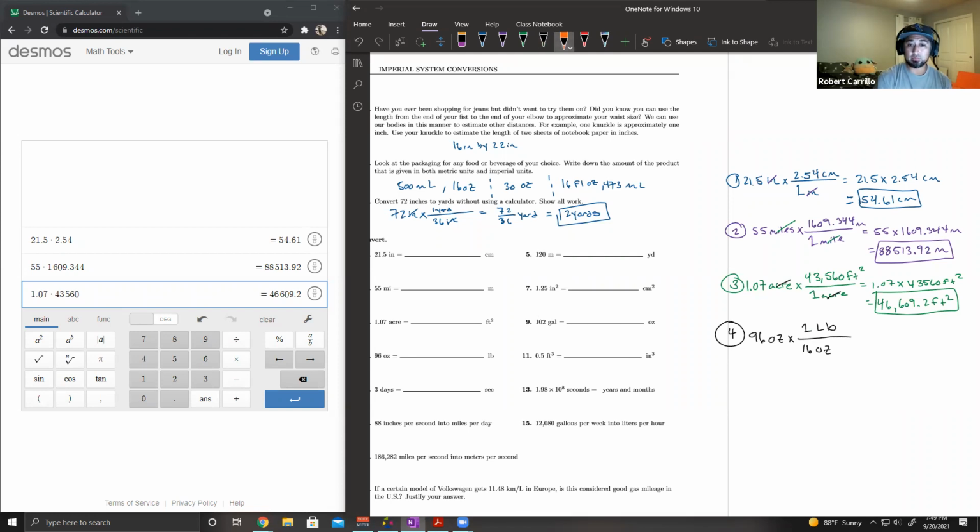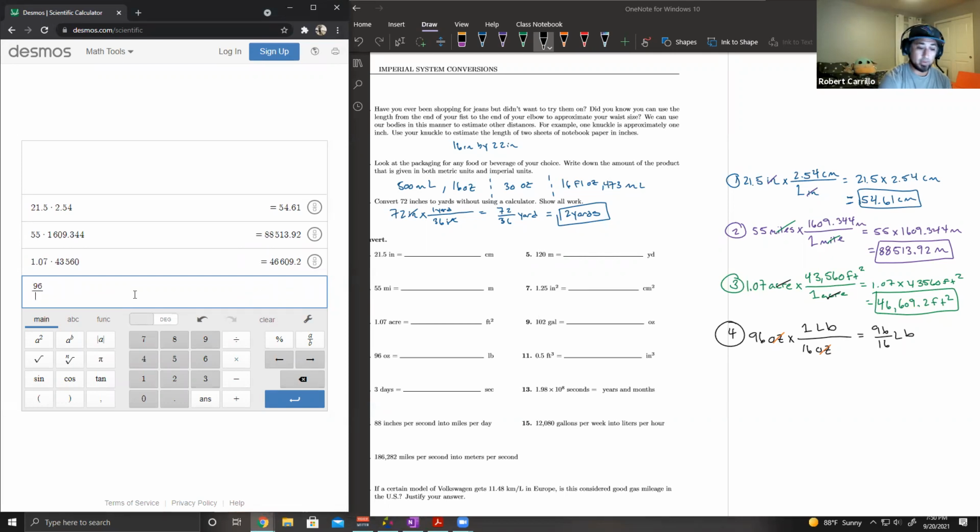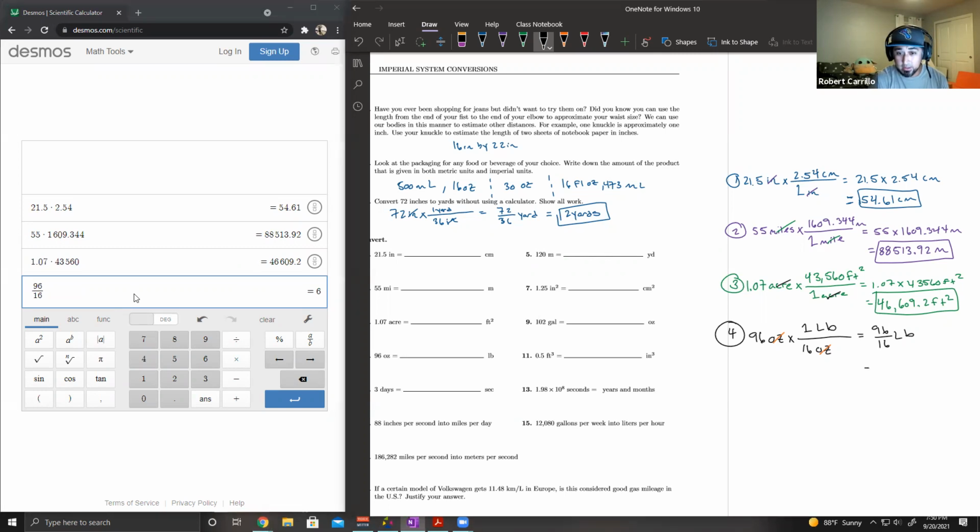And again, ounces cancel, and what you're left with is 96 over 16 pounds. 96 divided by 16. And 96 ounces is the same as 6 pounds. All right, good stuff.